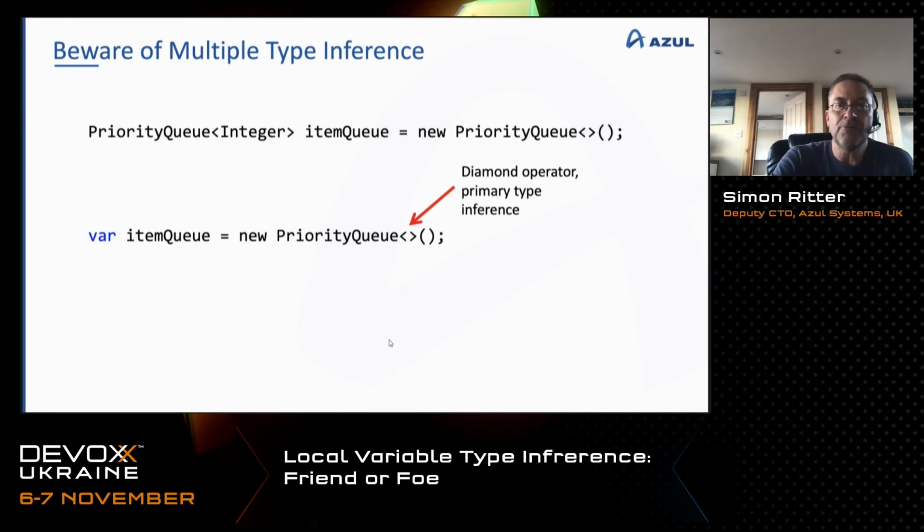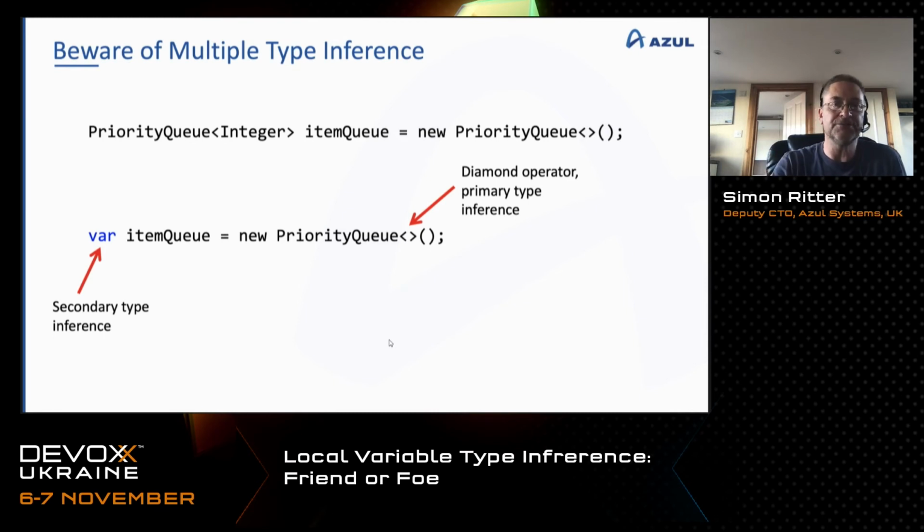So the primary type inference infers Object for the generic type parameter. Then we have secondary type inference used for var, which will look at the right-hand side and say, oh, you've got a new PriorityQueue of type Object. That's what var will then infer itemQ to be. As we can see from the code above, itemQ needs to be a PriorityQueue of Integer, not a PriorityQueue of Object.